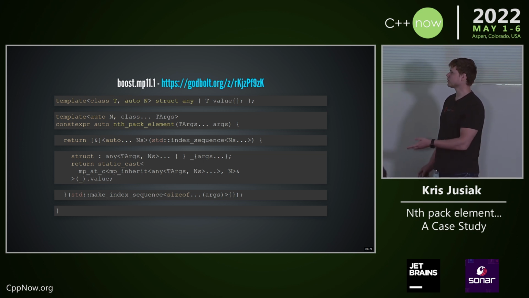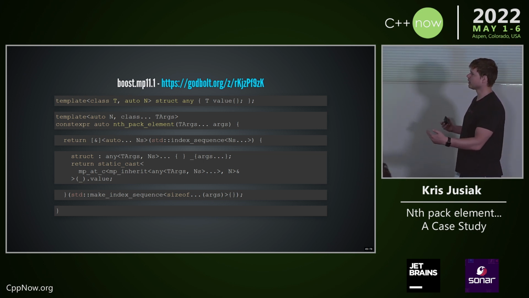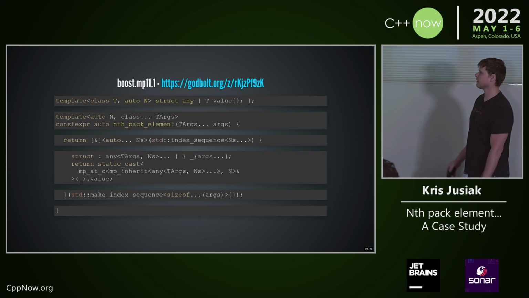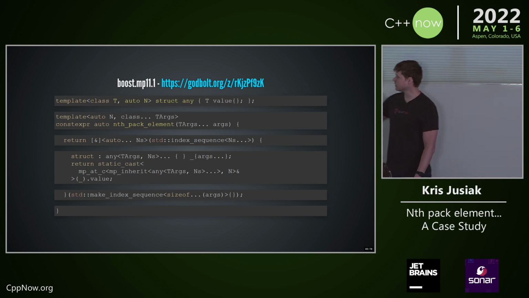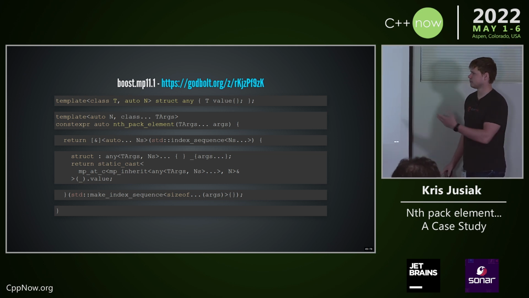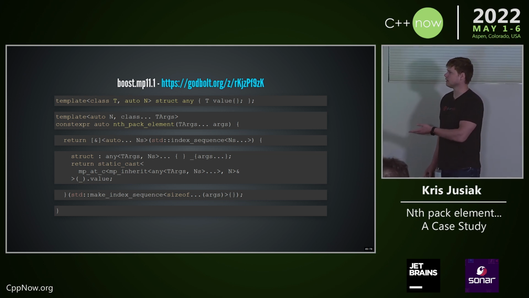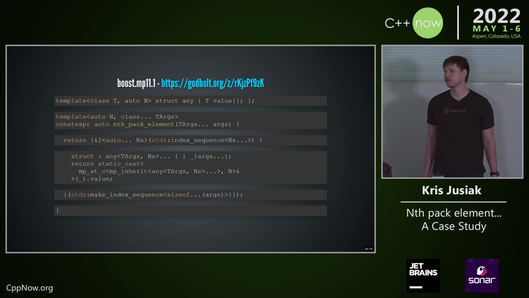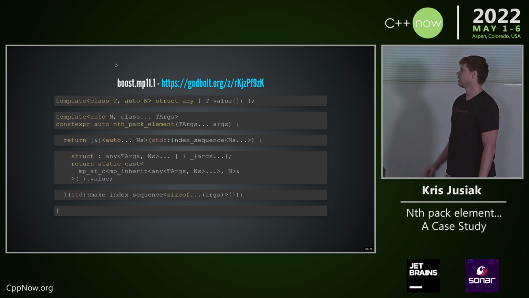Why do we need that? Because we do the static_cast. So we do mp_inherit, then we take the element at the nth position. That will return any of the specific type and index. And then we can cast that into the type which we want according to the element.